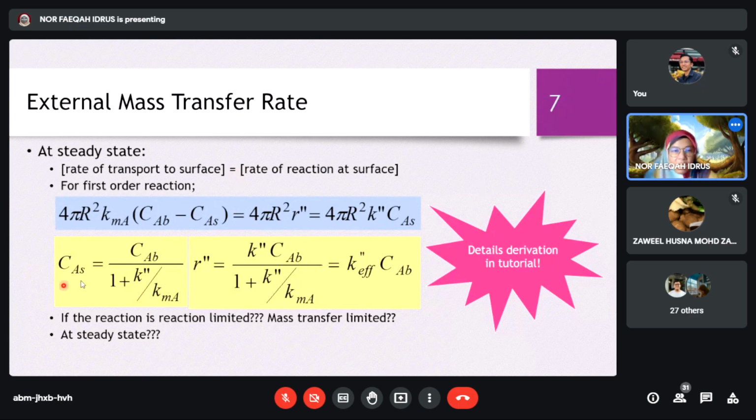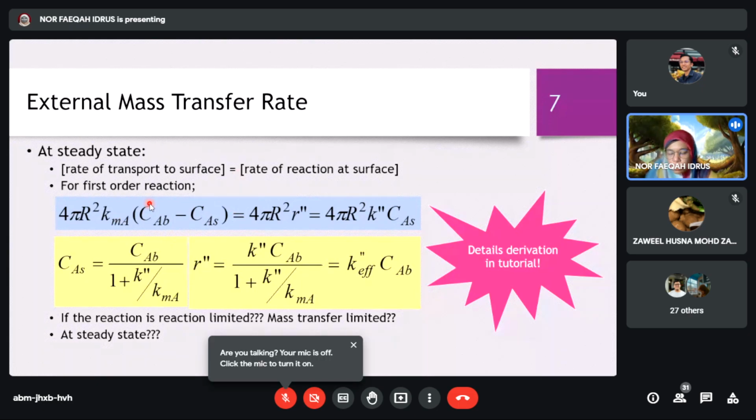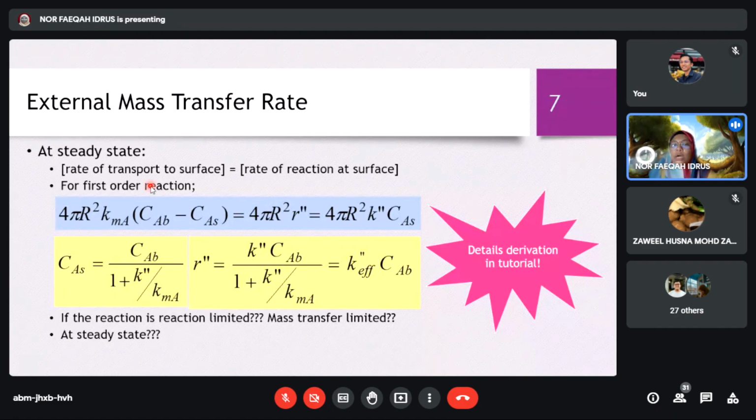Okay. So for first order reaction, usually for catalytic reaction we just consider first order. If there is second order, that is a rare case, but usually it is first order reaction. So that's why C_AB to the power of 1, C_AS to the power of 1, for both sides.